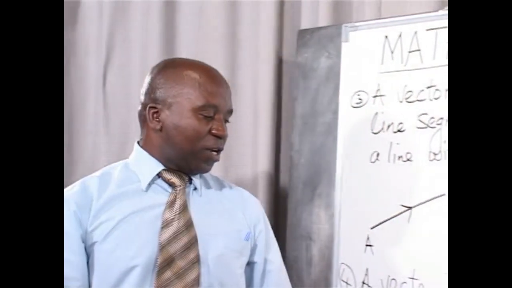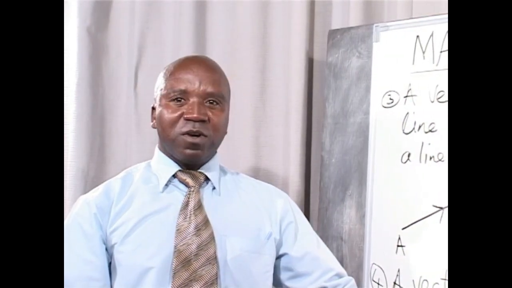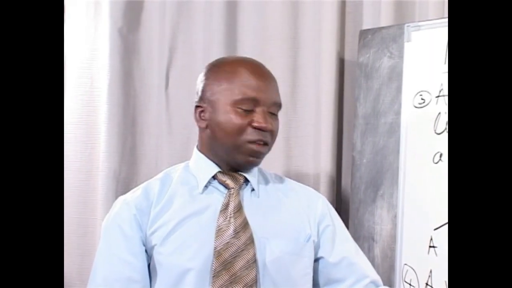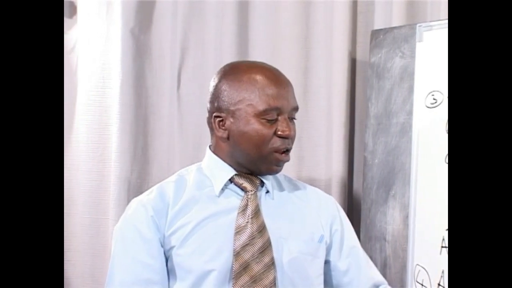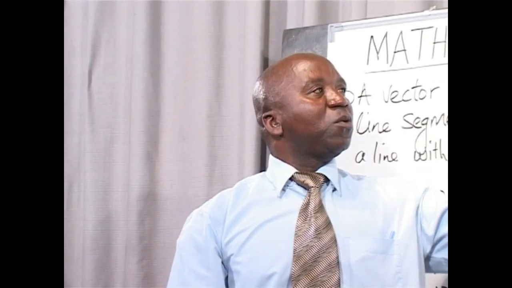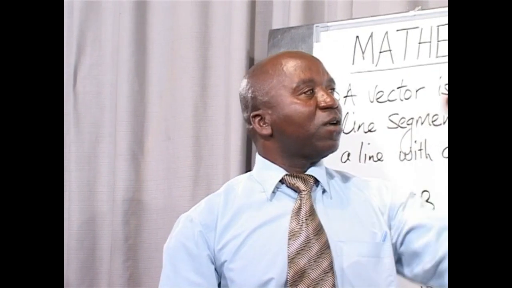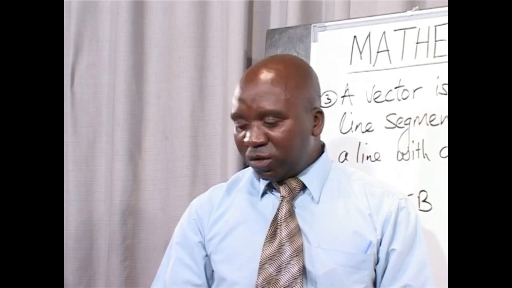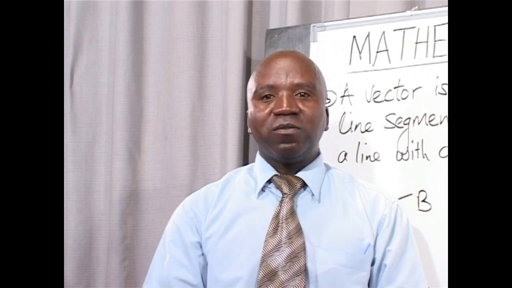But the components of vector A are -1 and 5. Those are called components of a vector.